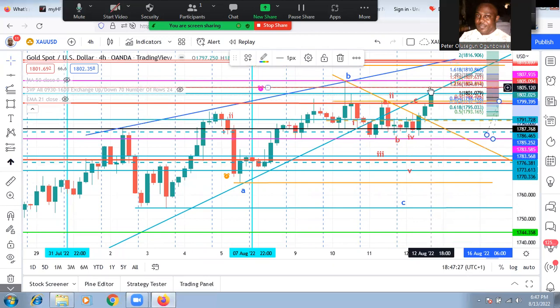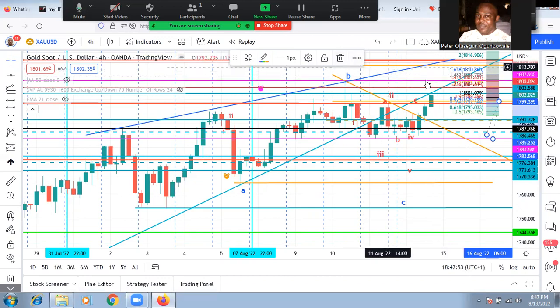So we might be seeing price reversing from 1805. Those are the levels that the price might get to, 1805. But if it breaks the top, then we should be looking at 1812 as the possible place that price is also going to back down.